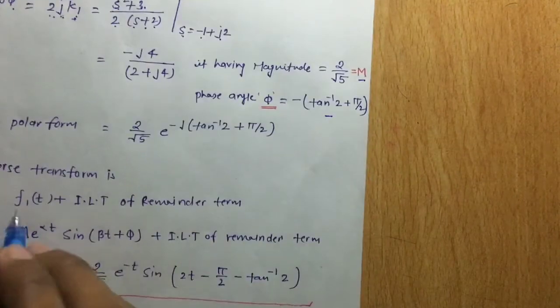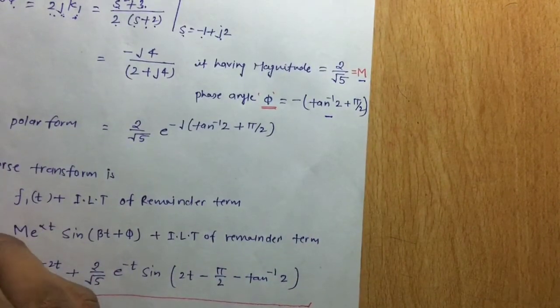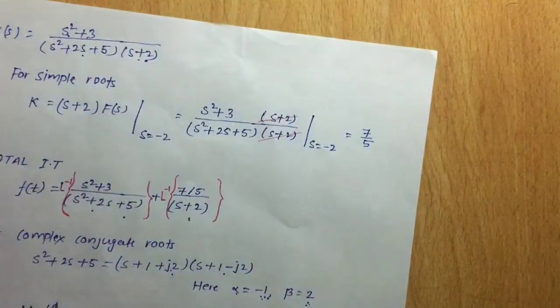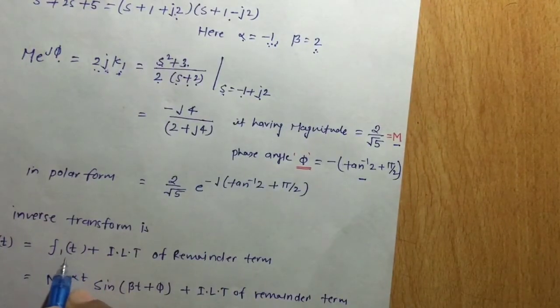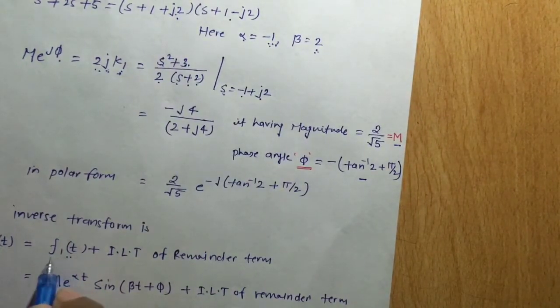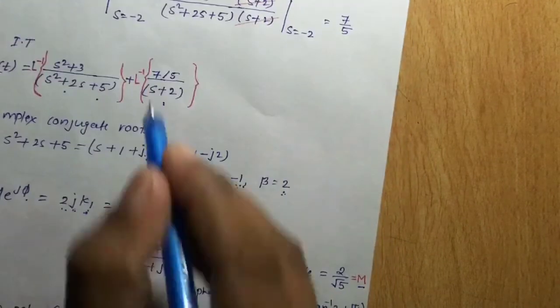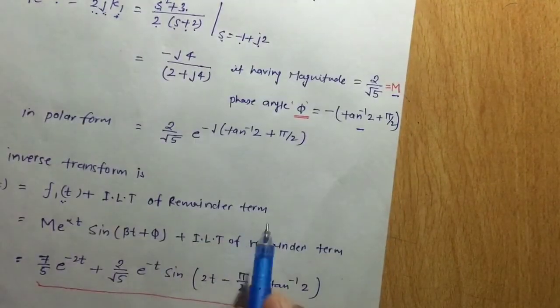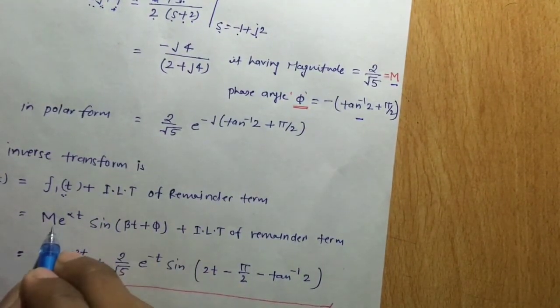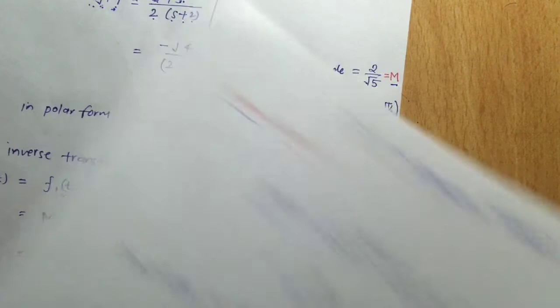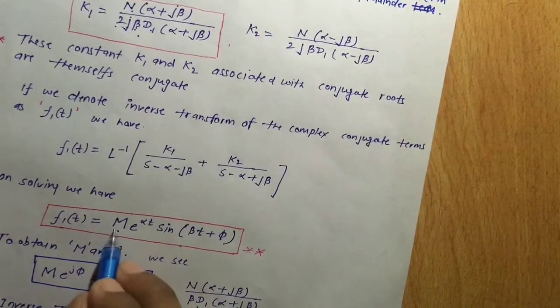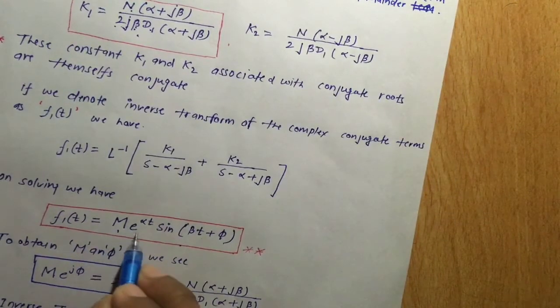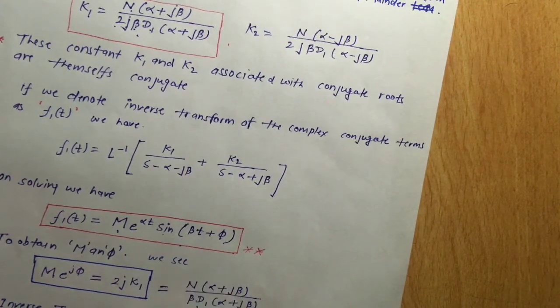We have to find the inverse transform of the whole system F(s), as this is f1(t), having the complex part, and the inverse transform of the remainder term, that is 7 by 5 by (s plus 2). As we saw in the previous formula, f1(t) is M e to the power alpha t sine(beta t plus phi).